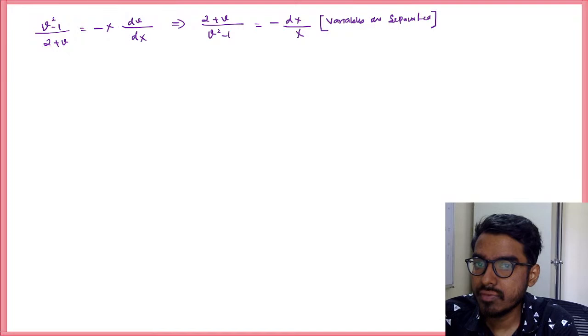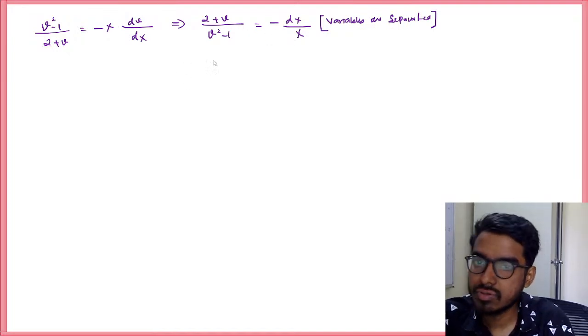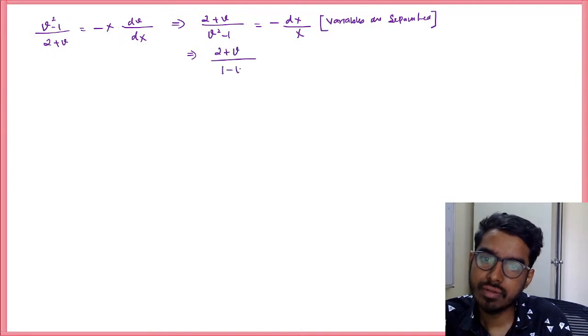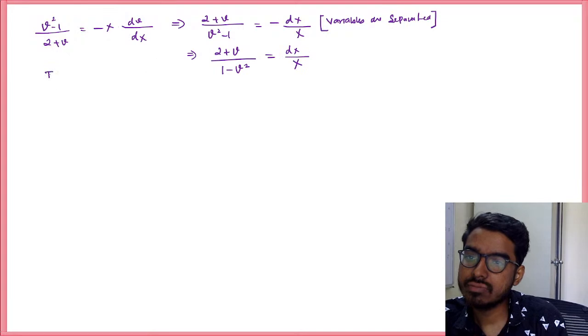So 2 plus V divided by V square minus 1 is equal to minus dX by X. To cancel this minus sign, I can also write 2 plus V divided by 1 minus V square is equal to dX by X. So integrate this.